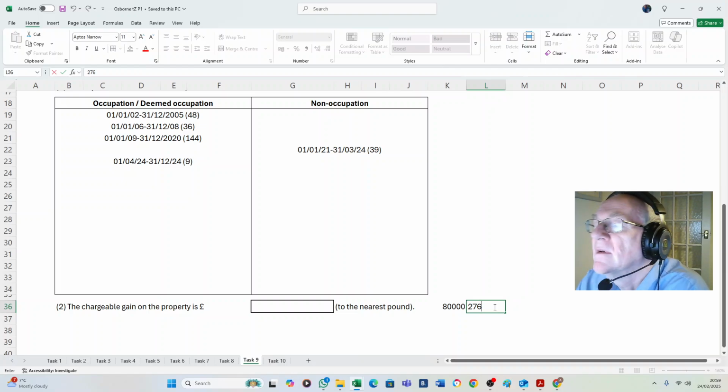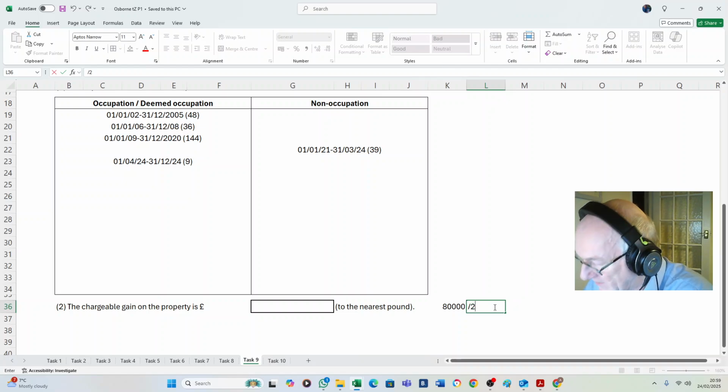We can add these up, or we can work it out from 02 22 to end of 24. It's 22 years. Or we could just add 48, 36, 144, 9 and 39 together. Either way, we'll get to the same answer. And then, in fact, we should divide by 276, times 39.